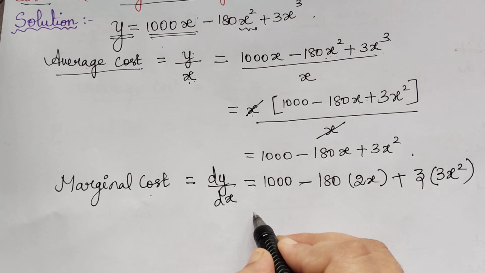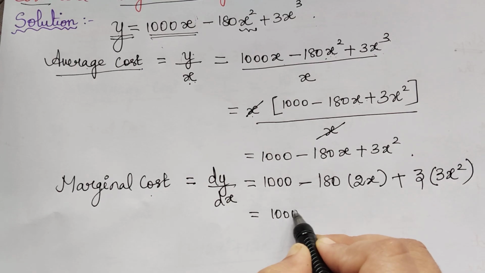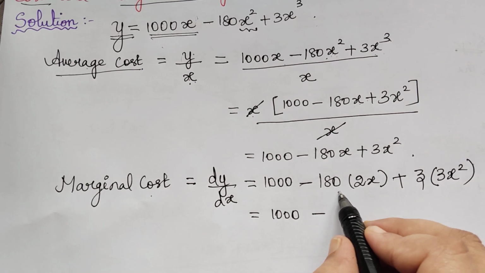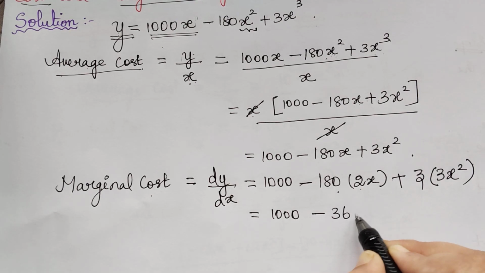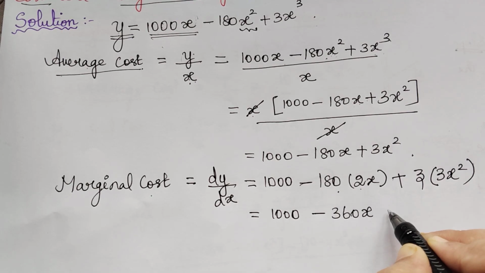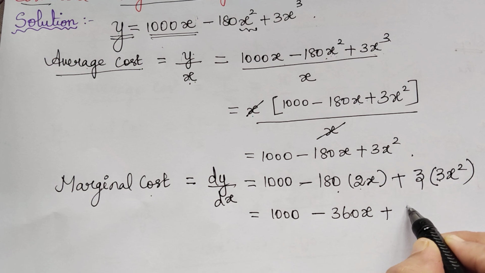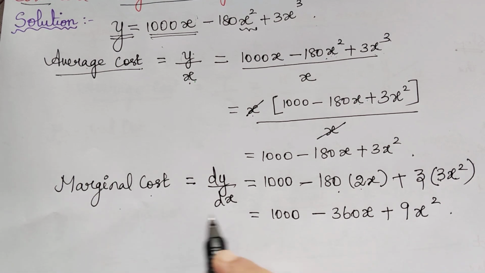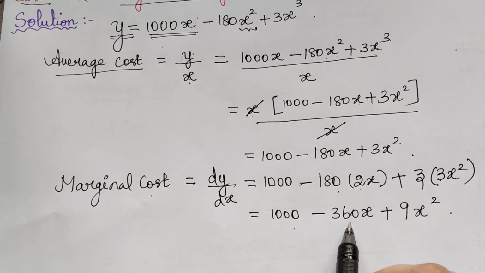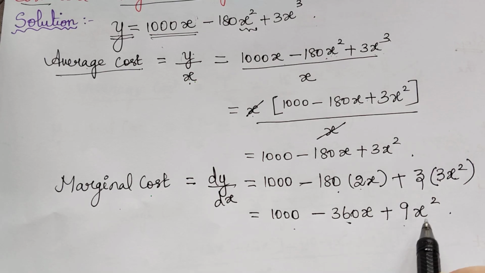And so we have the answer as 1000 minus 180 multiplied with 2. So that will be 360x plus 3 times 3 is 9x square. So therefore the marginal cost is given by 1000 minus 360x plus 9x square.